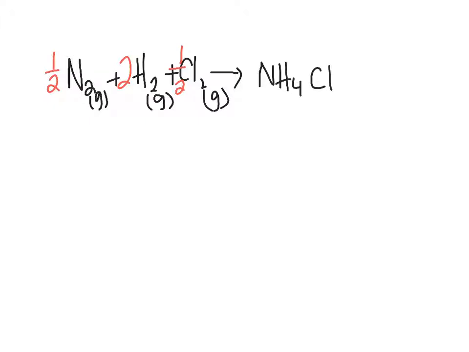It tells you that the molar enthalpy of formation for ammonium chloride is 314.6 kilojoules per mole, and it's exothermic. So the energy goes on the right-hand side. There's your thermochemical equation for the formation of ammonium chloride.